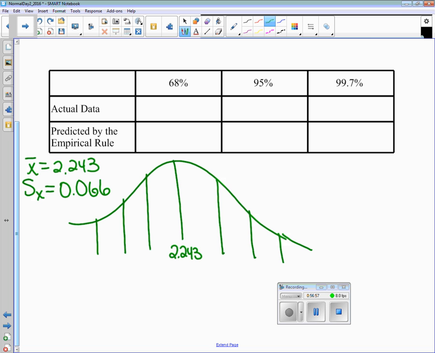Okay. So I need to do what I did in my homework last night. I need to add that to each one each time, 3 times, and subtract it 3 times. So 2.309. I'm going to add it again. 2.375.